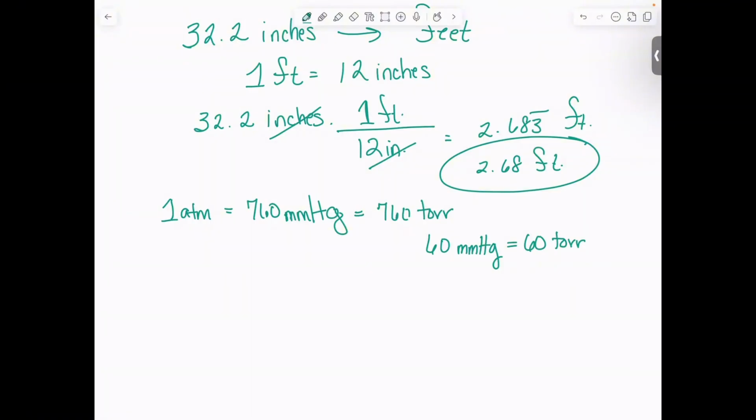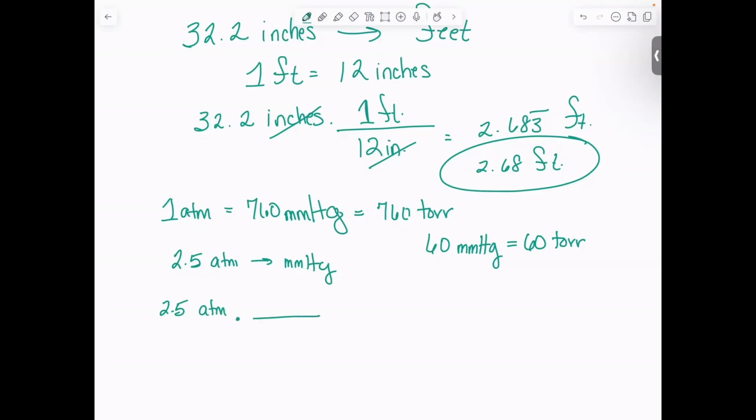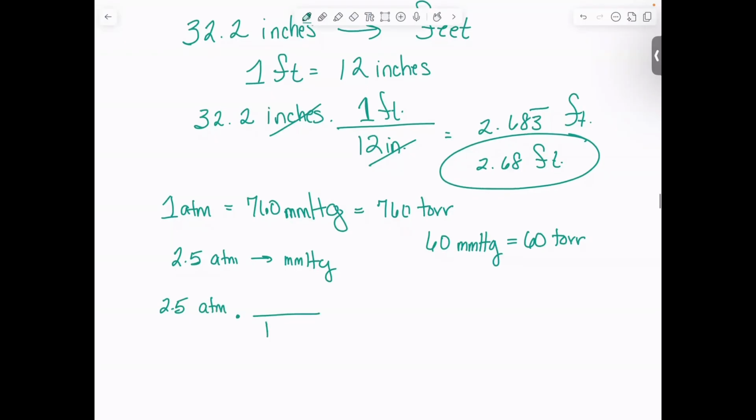So if I'm given, for instance, 2.5 atmospheres and I want you to put it into millimeters of mercury, I need to apply a ratio. To do the math, I just say 2.5 atmospheres and I'll apply my ratio. Well, I know 1 atmosphere is equivalent to 760 millimeters of mercury.